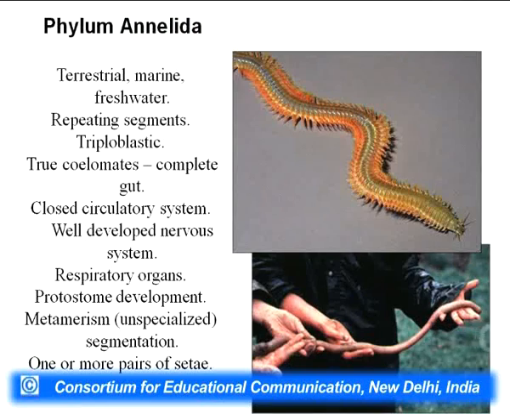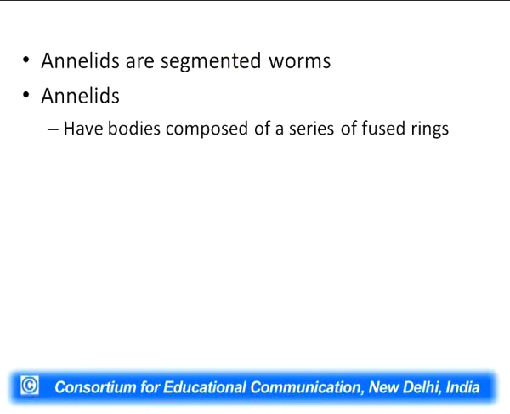These ring-like structures are called metameres, and these metameres are all similar in structure, and they have the repetition of the different systems of the body. So annelids are called the segmented worms, and the body is composed of similar segments called metameres. This phenomenon is called metamerism.